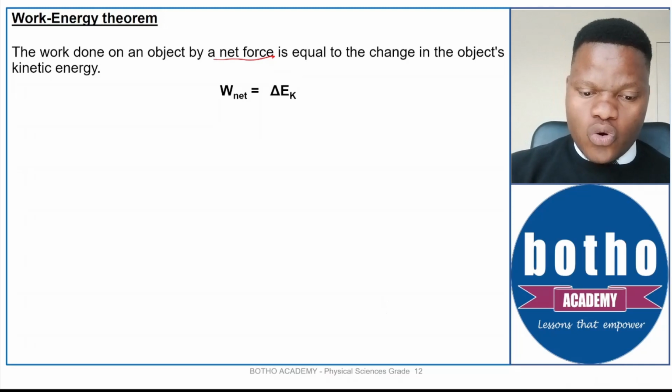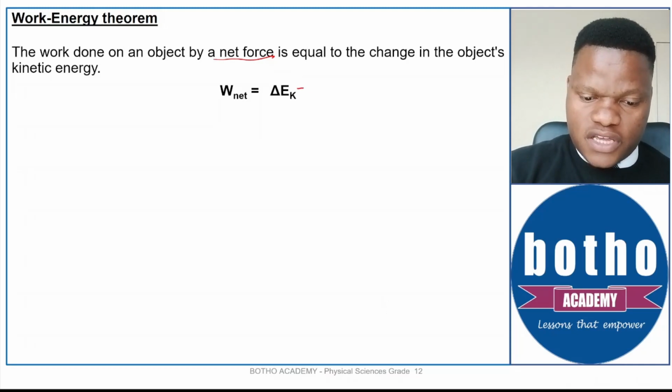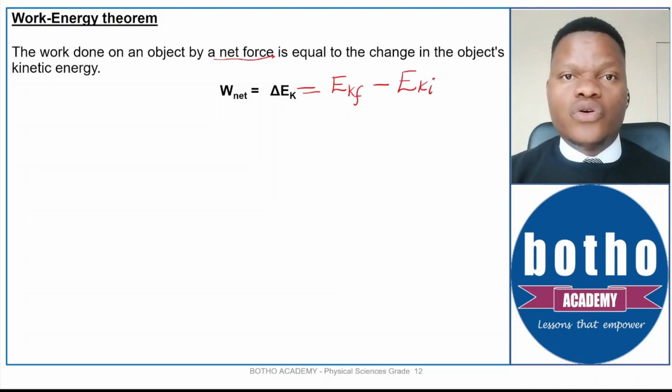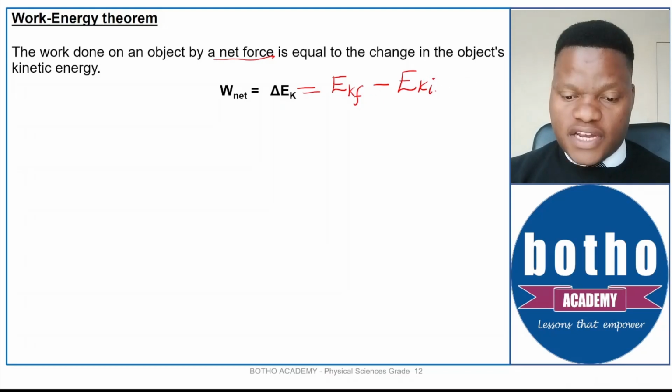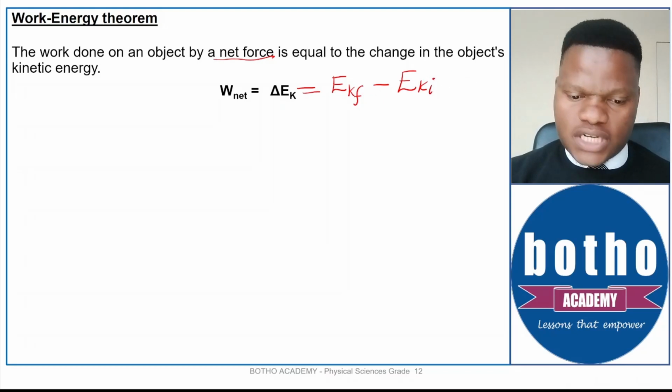We can then further simplify this by saying this is equal to delta EK, which means EK final minus EK initial. We know what EK final means, the final kinetic energy, and EK initial means the kinetic energy at the beginning, or the initial kinetic energy.